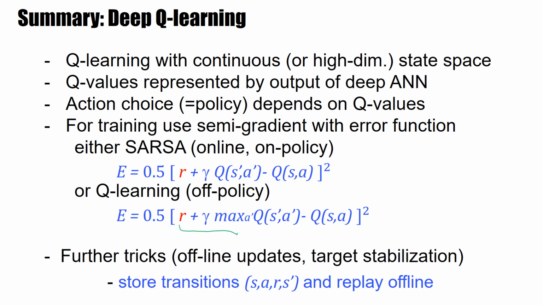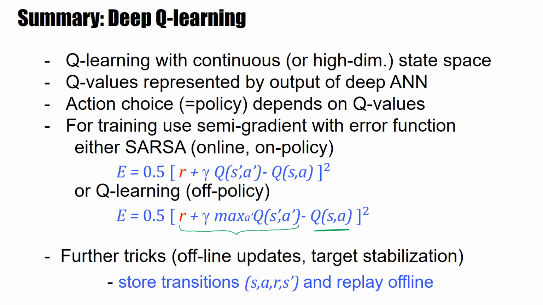The target is this. They further stabilized these target values by representing it as a separate network, and the Q values, the momentary Q values, were represented by a first network that updated its weights more rapidly. The second target network got updated only from time to time.